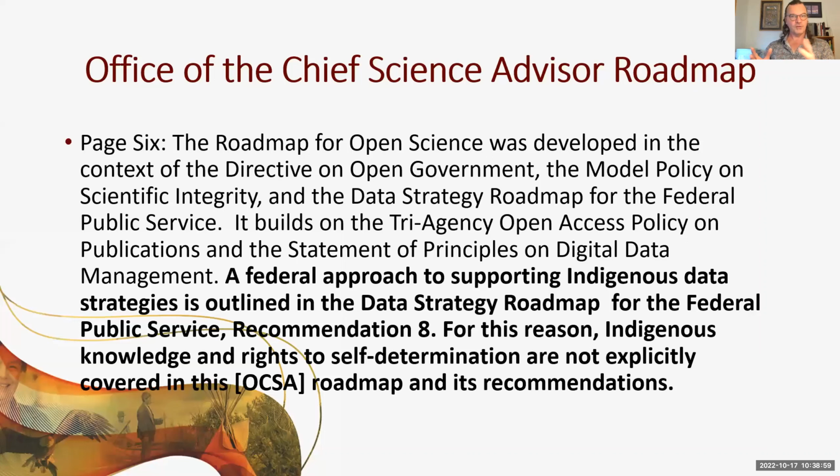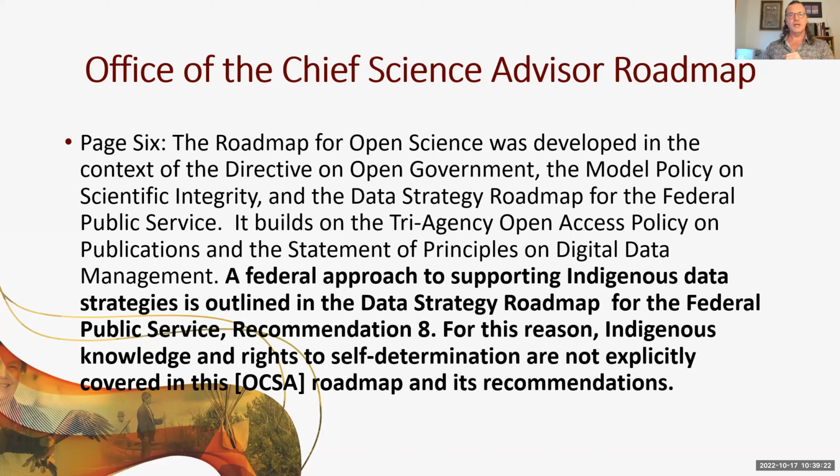So for example, we've got, unfortunately, a great example here. The Office of the Chief Science Advisor's roadmap on open science has this to say. It basically refers people back to other federal documents. It says a federal approach to supporting Indigenous data strategies is outlined in the Federal Civil Service Data Strategy Roadmap, Recommendation 8.